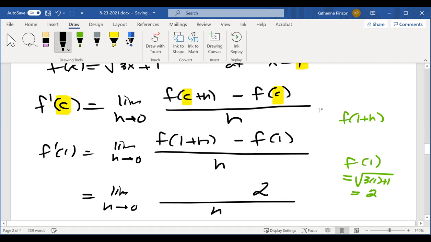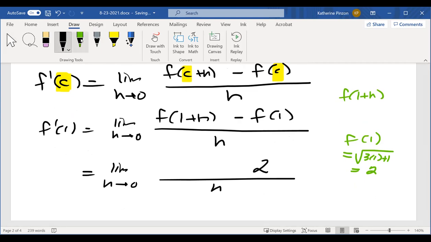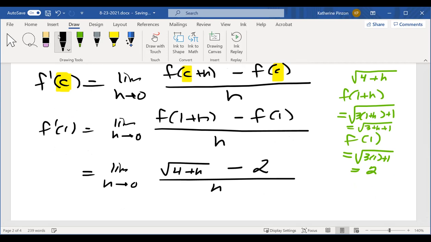All right, how do you find f of 1 plus h? Plug in 1 plus h, same way. So instead of plugging in 1 there, you're going to plug in 1 plus h. Okay, so let's see, 3 times 1 plus 3 times h gives me 3 plus h plus 1. So this is square root of 4 plus h. Square root of 4 plus h minus 2.